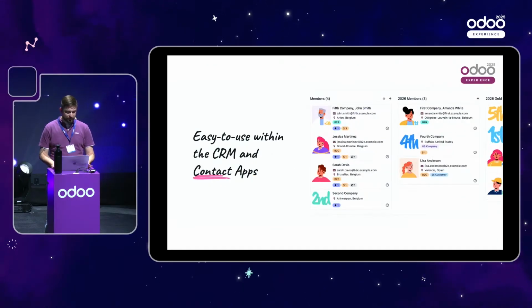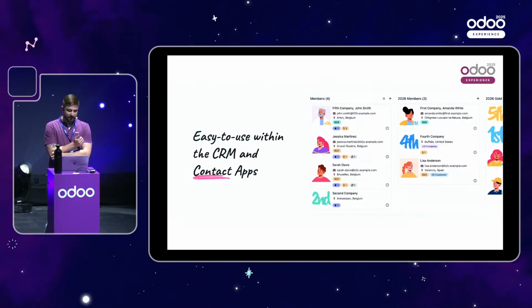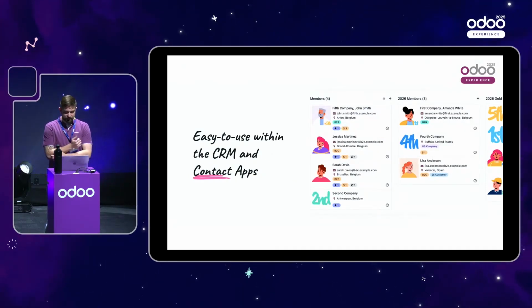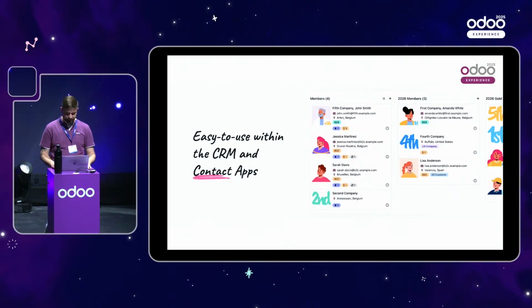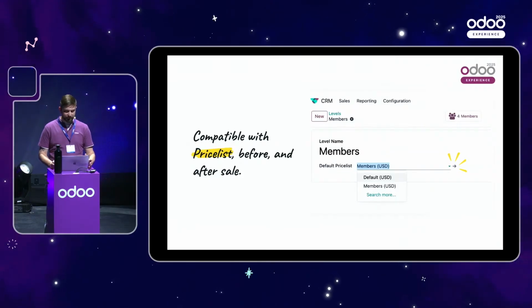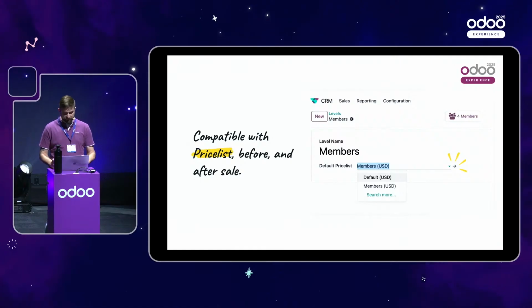It's also extremely easy to use with the CRM and the contact apps, directly integrated. You don't need any more different apps for that. And it's perfectly compatible with price lists before and after the sale, meaning that you can sell your membership with complex prices, but you can also apply complex prices when it's sold.